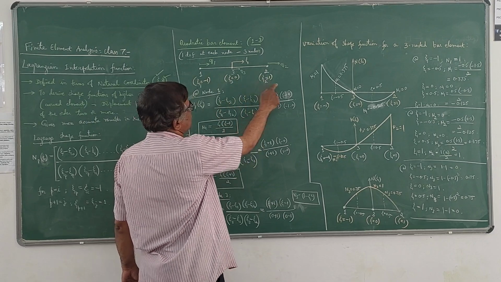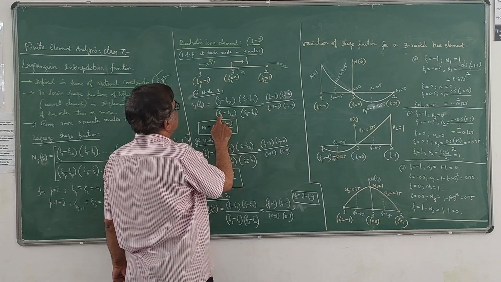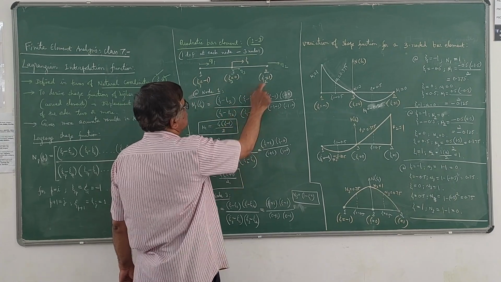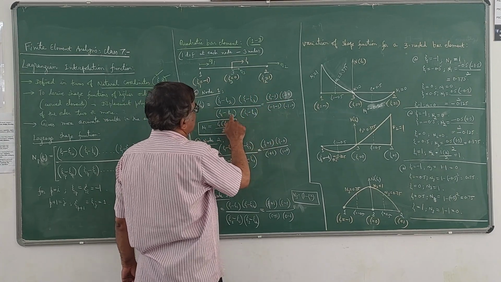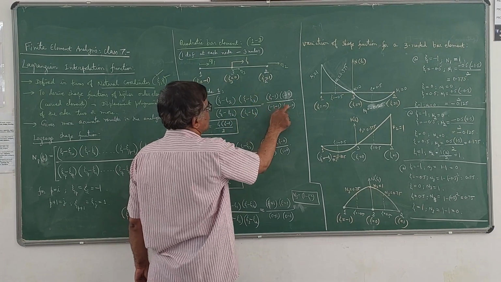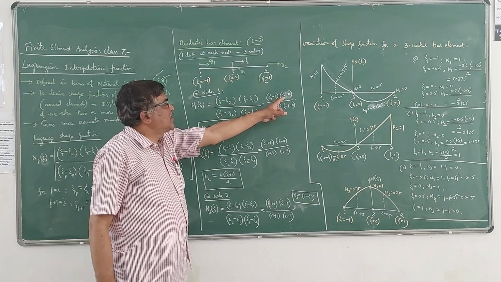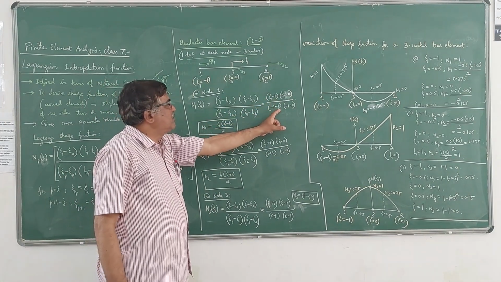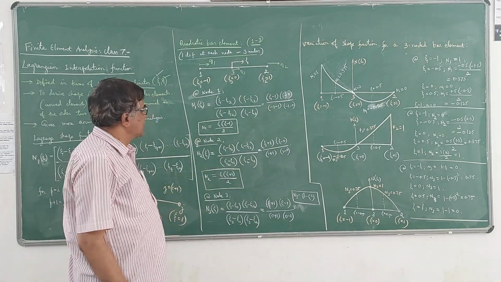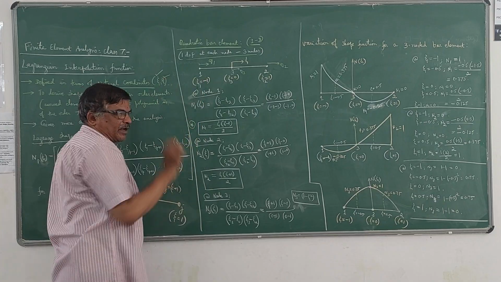Zeta minus zeta 2 is 1 into zeta minus zeta 3 is 0, divided by zeta 1 which is -1, zeta 2 is +1, so that means -1 into zeta 1 is -1, zeta 3 is 0. If you substitute this and simplify, you will get zeta into zeta minus 1 in the numerator divided by 2 in the denominator. So this is the shape function n1 for this element.